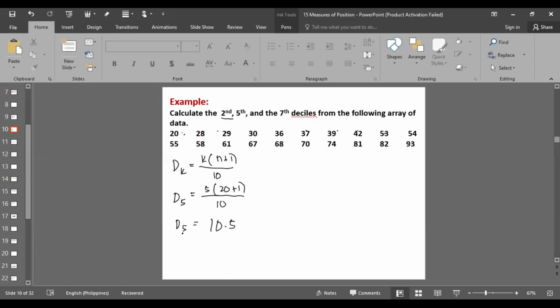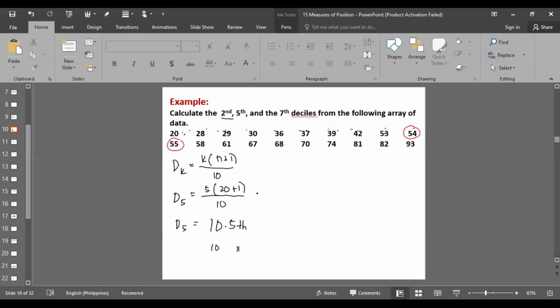Therefore, yung fifth decile ay nasa 10.5th term or score. So again, it's a decimal number. So ibig sabihin, nasa gitna ng 10th and 11th score yung decile. So nasaan yan? 1, 2, 3, 4, 5, 6, 7, 8, 9, 10, and 11.